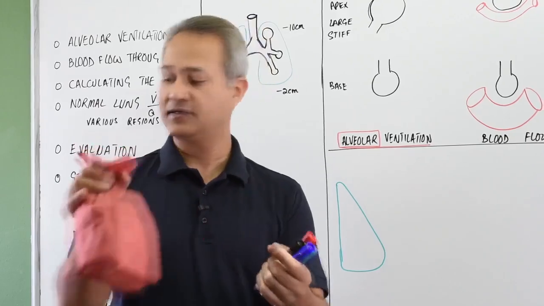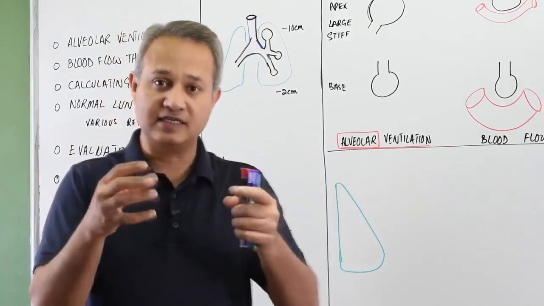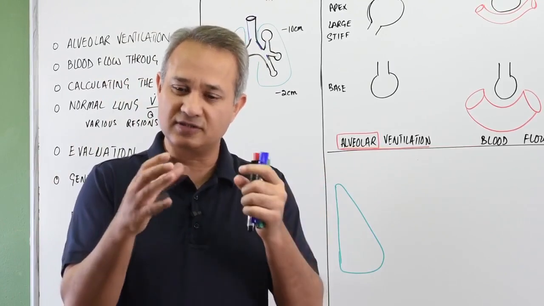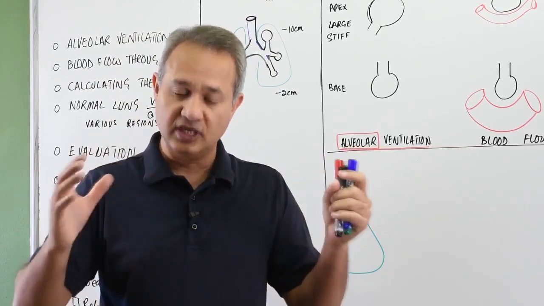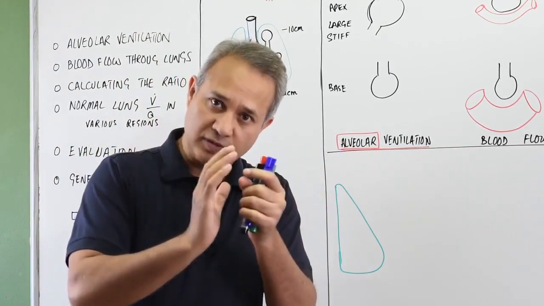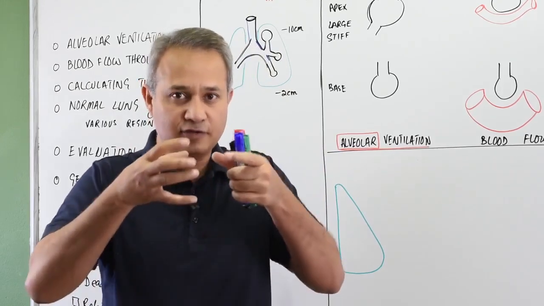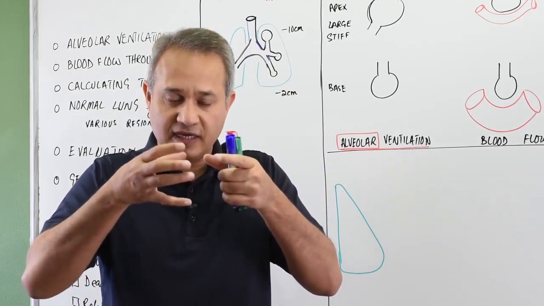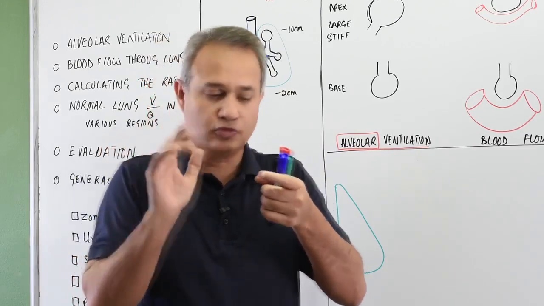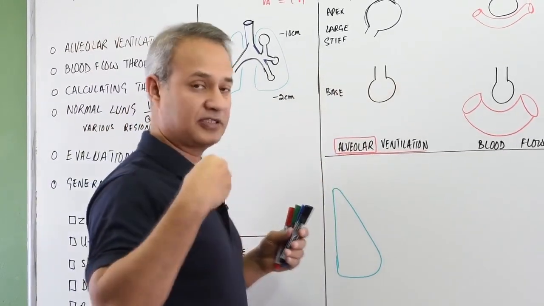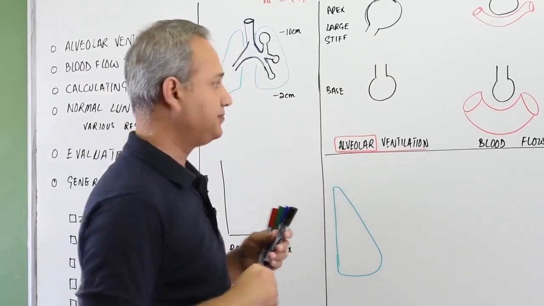At this point it doesn't have much more compliance. It would probably burst open, but it is maximally opened already, so it is not going to change too much until you allow it to recoil and decompress. But if you keep it open at that level, the change in it is not going to be too much, so it is stiffer. So alveoli at the apex are stiff and large.